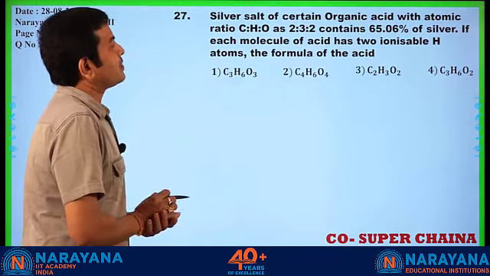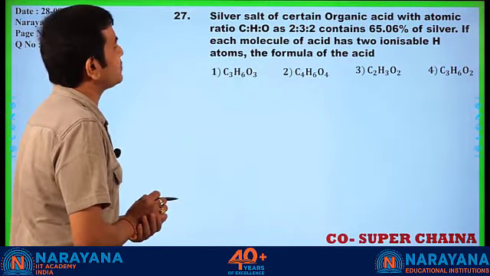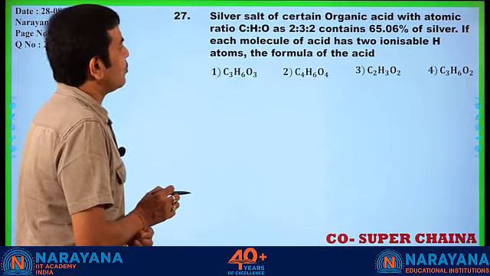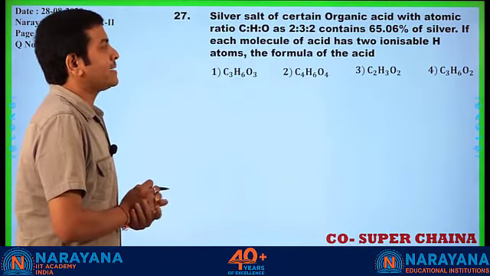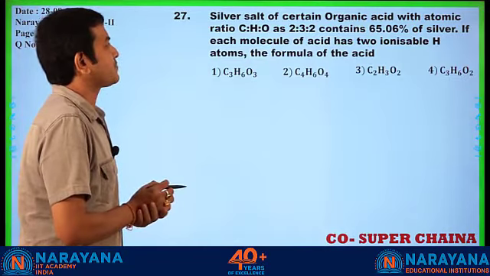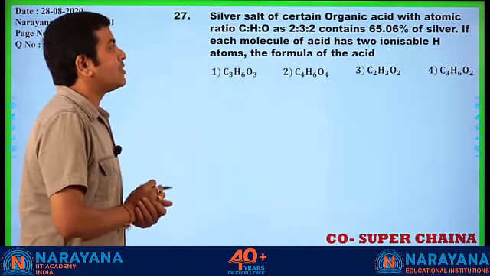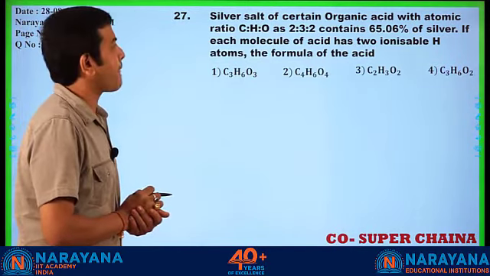Silver salt of certain organic acid with atomic ratio C:H:O as 2:3:2 contains 65.01% of silver. If each molecule of acid has 2 ionizable hydrogen atoms, the formula of the acid is?